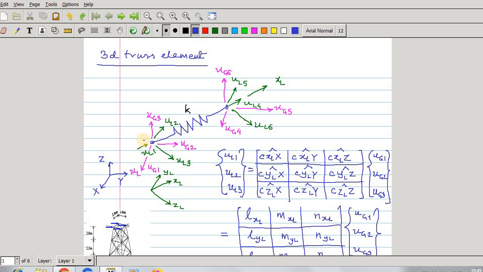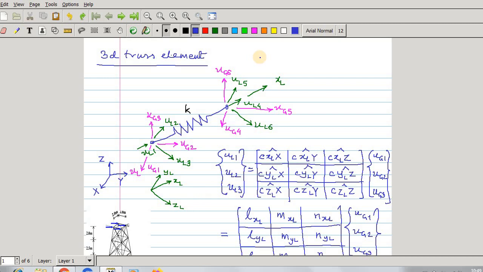So at this node there are 3 degrees of freedom: UL1 along XL, UL2 along this YL, and UL3 along this ZL. Similarly at this node there is a degree of freedom UL4 along the axial direction, UL5 along this YL direction, and UL6 along this ZL direction.